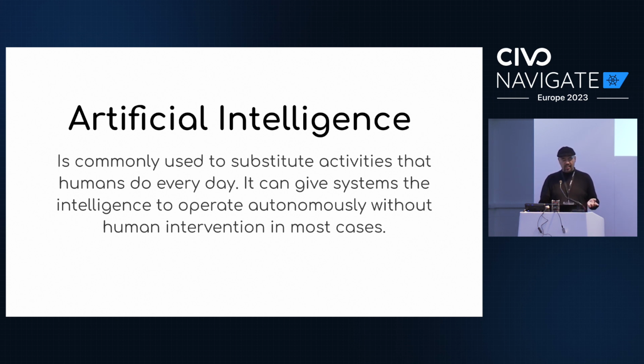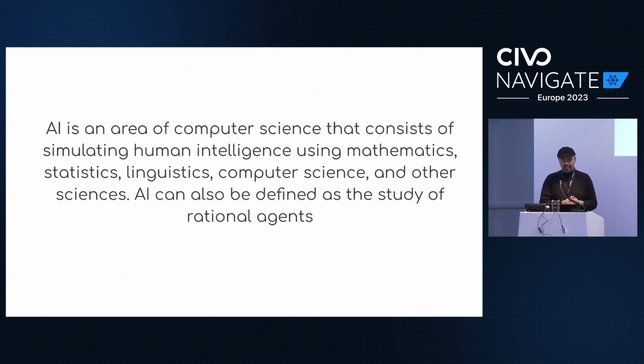In artificial intelligence, there are different kinds of science like mathematics, statistics, linguistics, and a lot of things applied to different use cases. Some are applied to video analysis, voice analysis, to try to replicate human behavior.